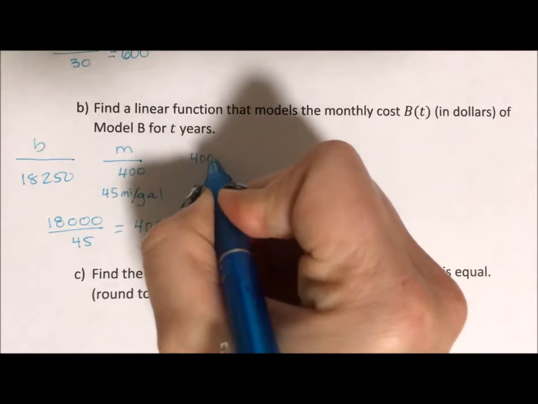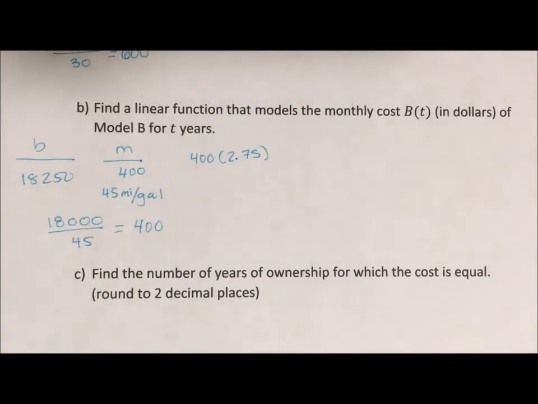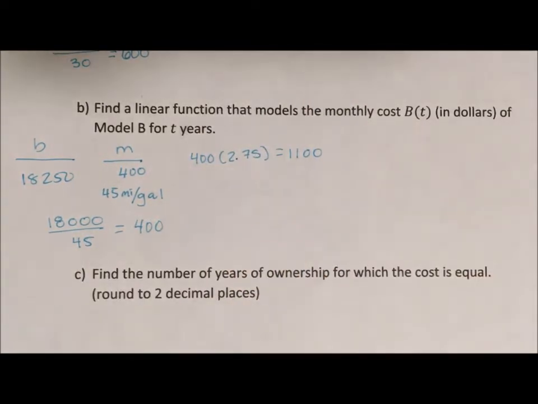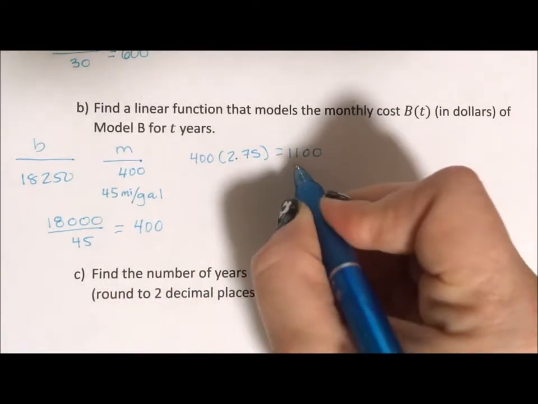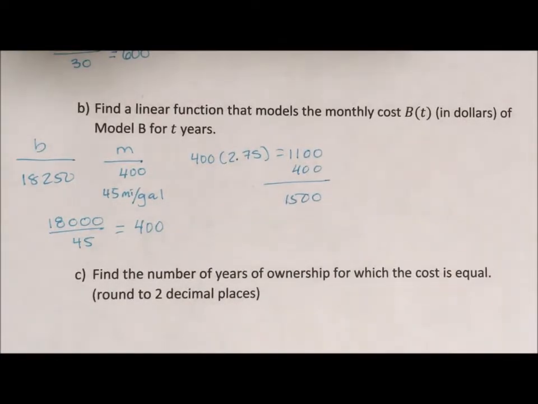Well, 400 gallons of gas times $2.75 per gallon comes out to about $1,100 a year for gas plus insurance, and we find out that Jenny's yearly fees are about $1,500.